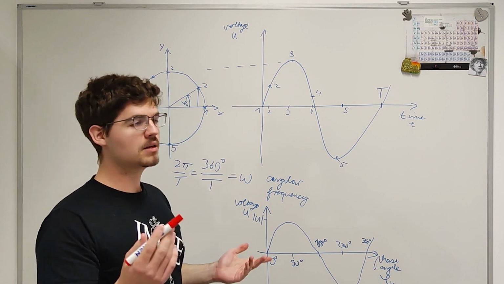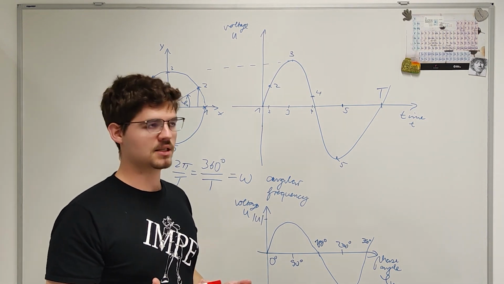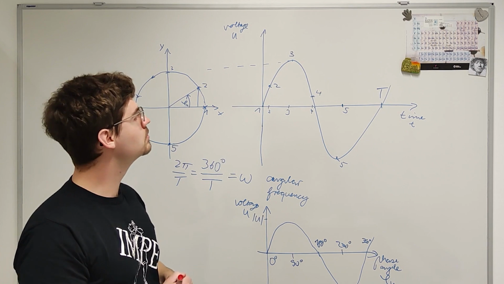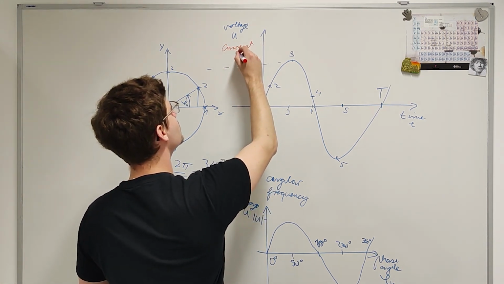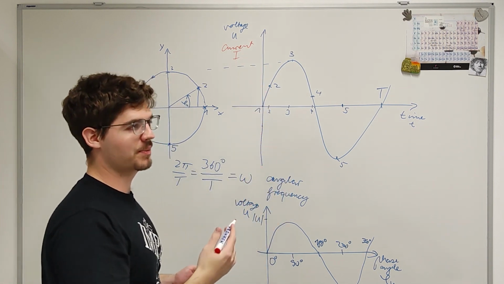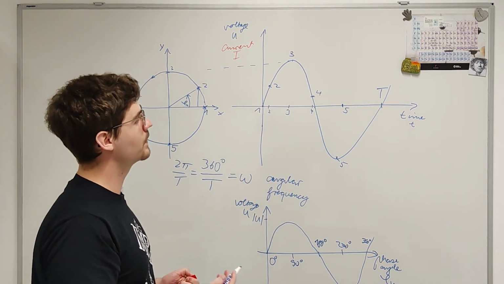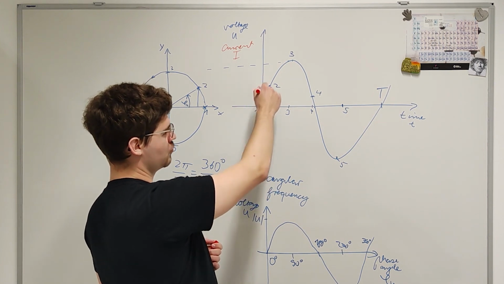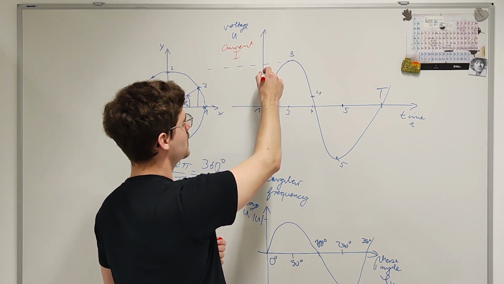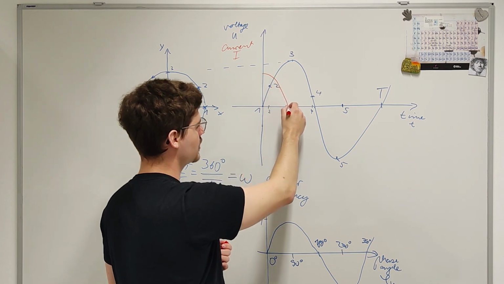Let me draw a current response for a capacitor into this diagram. For the capacitor, as we have discussed last time, the current has its maximum where the rate of the rising voltage is the highest, and this kind of function.